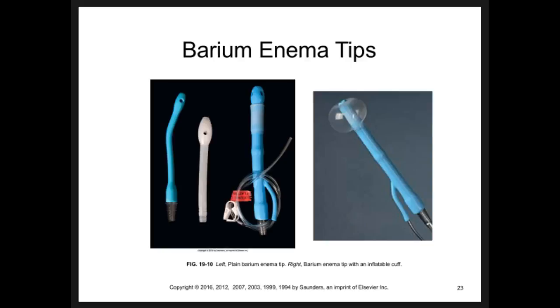You need to be really careful that the balloon is inflated properly. Some radiologists will inflate the balloon under fluoro to ensure that it's inserted correctly. Inserting the tip correctly makes the patient less uncomfortable, and there is less possibility of damaging the rectum or the mucosal lining of the rectum.